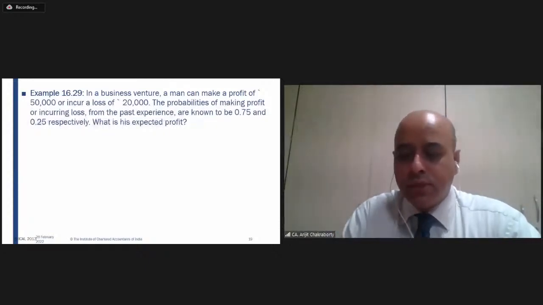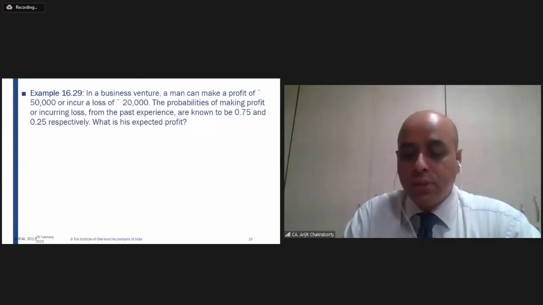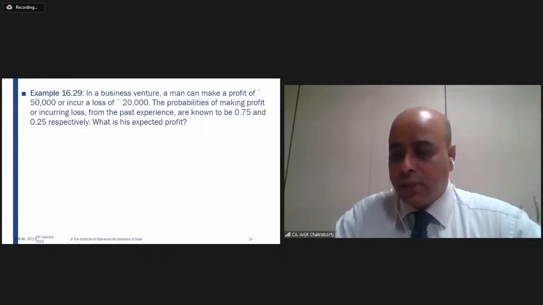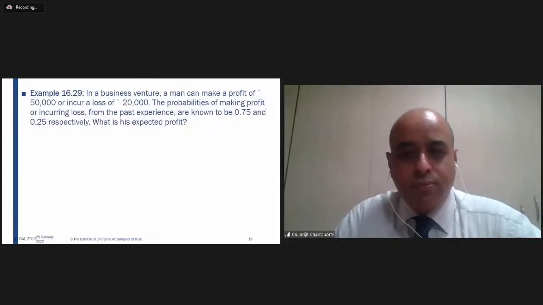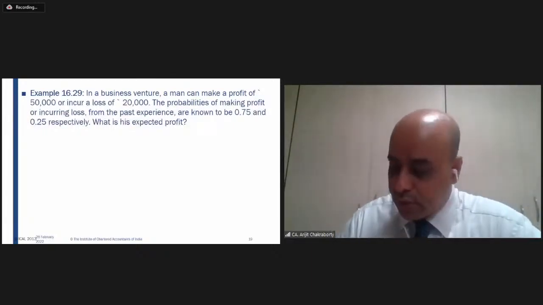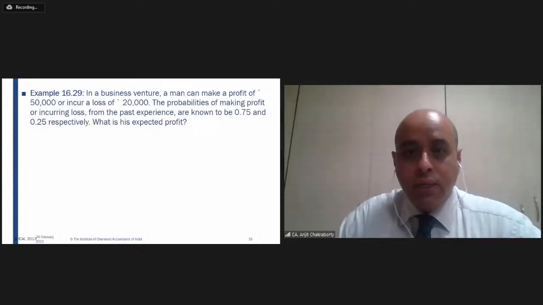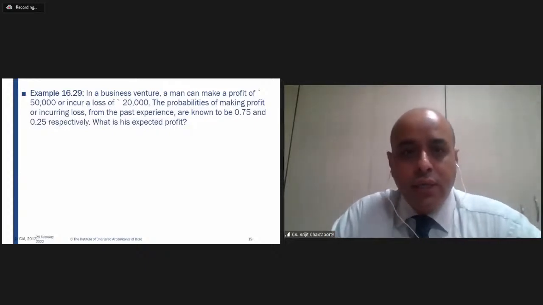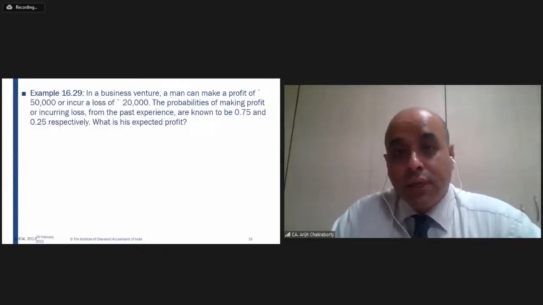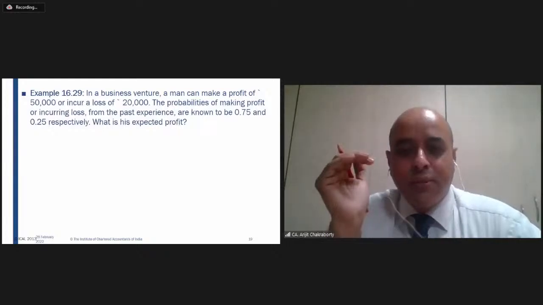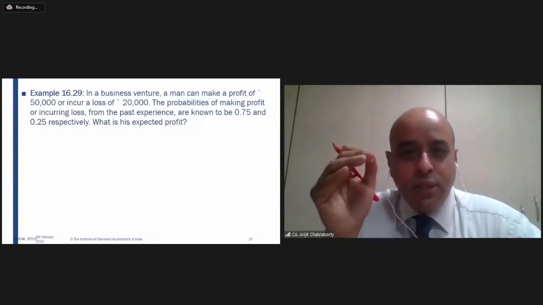And the second situation is what? The second situation is that he incurs a loss. Now when it comes to the loss factor, can you just see the probability? The probability of loss is 0.25. And if he loses, he can incur a loss of 20,000. Now, please be very careful. 20,000 is a loss.